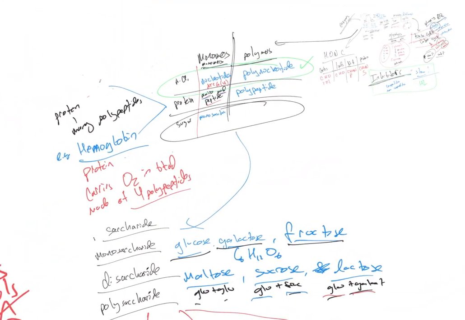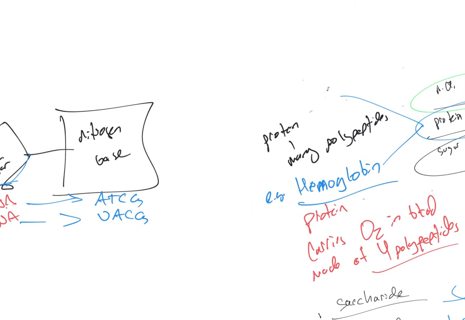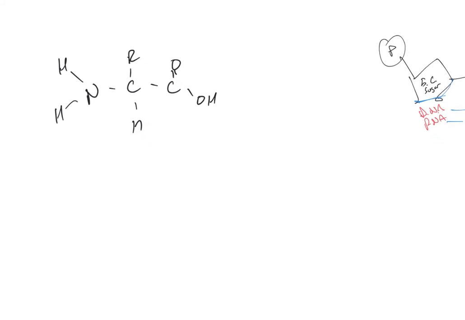So let's go to protein. Okay, so drawing an amino acid. So we have N, C, R, H, C, O, O, H. Okay, and I'm going to draw this out completely. All right, that's my peptide.